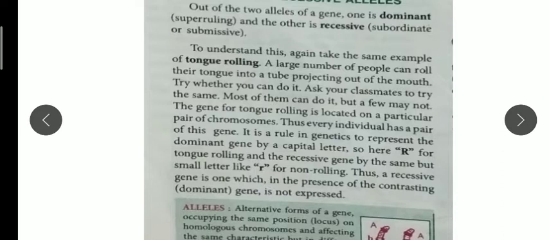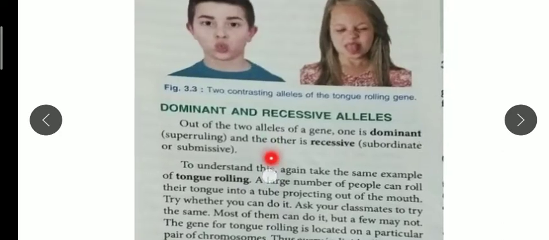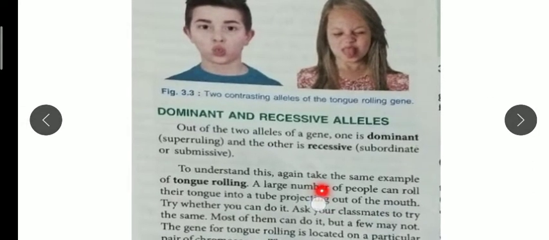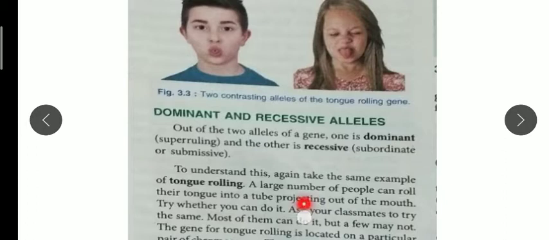So if in an individual the dominant gene is expressed, meaning it is showing its character, then the person is able to roll the tongue, as you can see the boy. The boy can easily roll the tongue and make a tube-like structure. A large number of people can roll their tongue into a tube projecting out of the mouth because they have the dominant gene for tongue rolling.